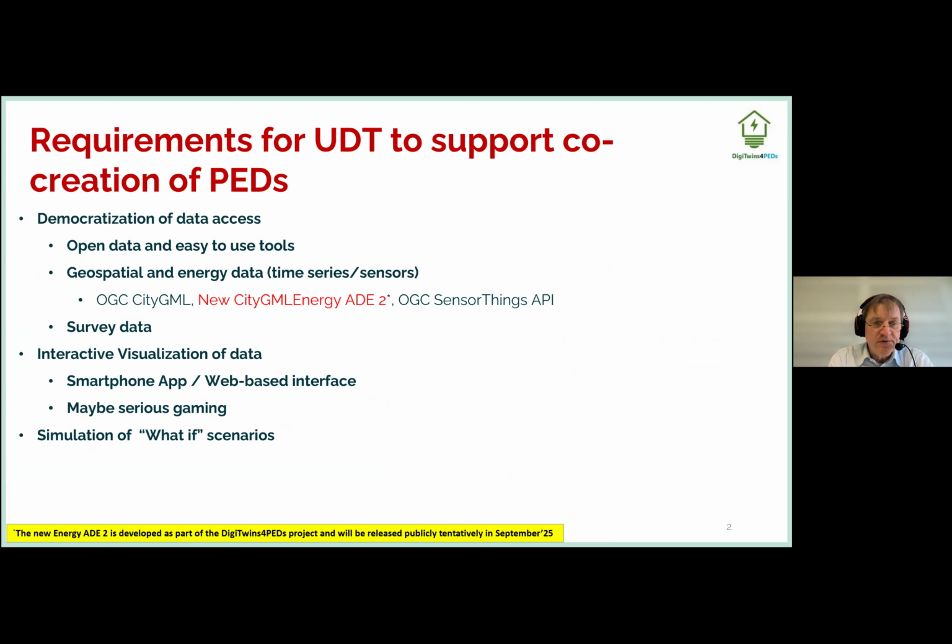So here we focus on the Open Geospatial Consortium interfaces and data standards like CityGML, an extension we have developed in the project, the Energy ADE, and the OGC SensorThings API to integrate sensor data, etc. What is very important for us is that all interfaces and components we use are based on standard interfaces.